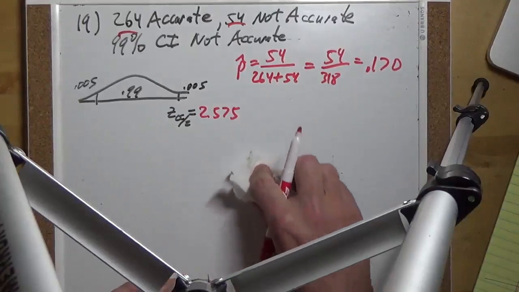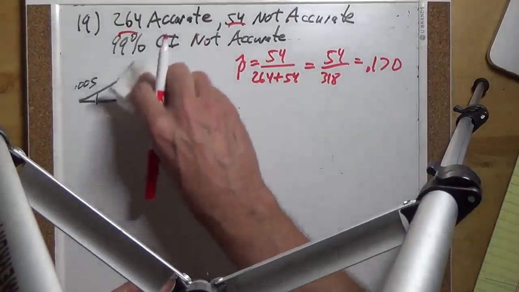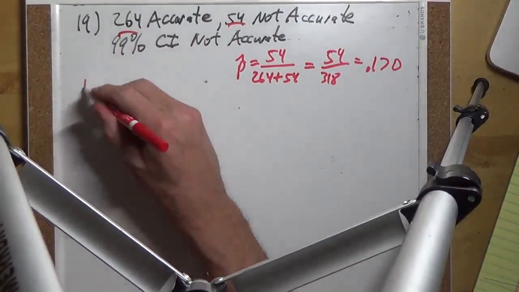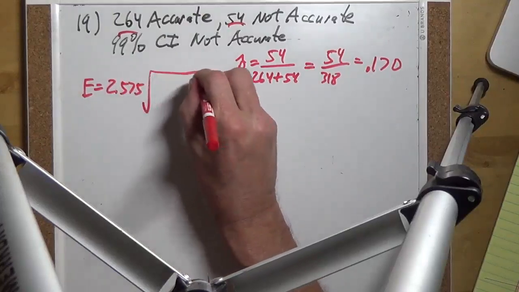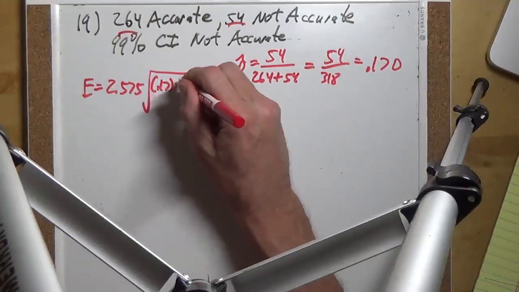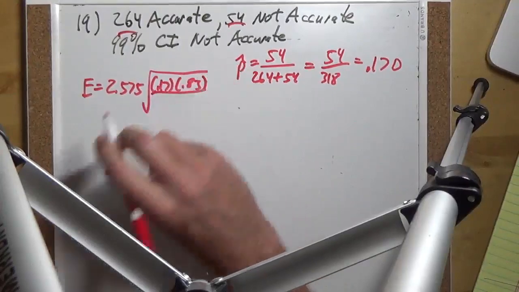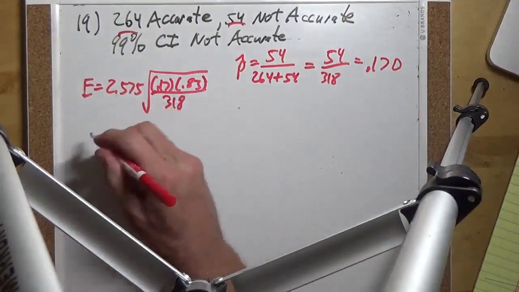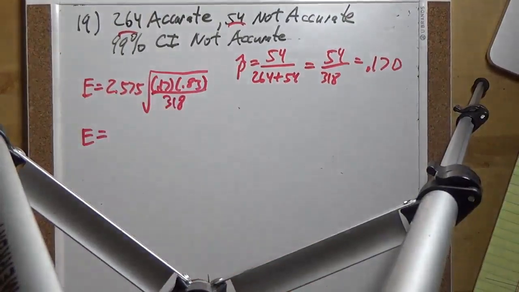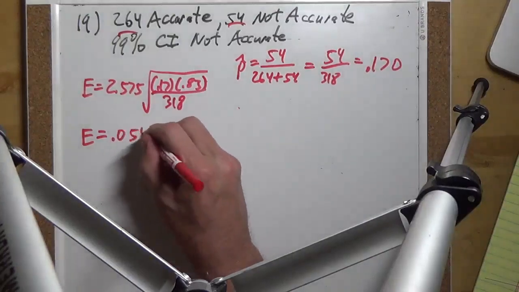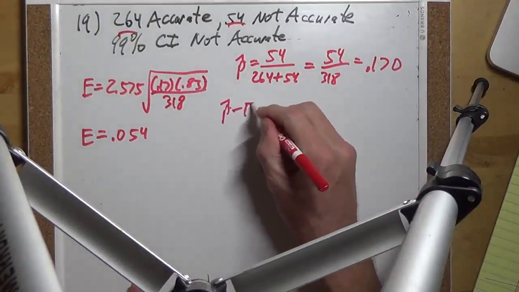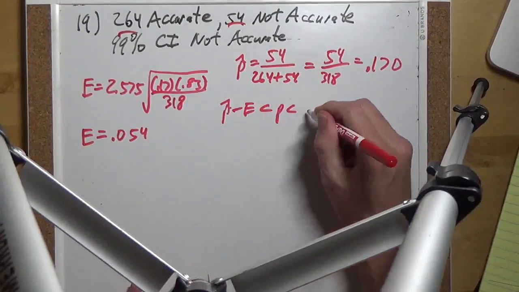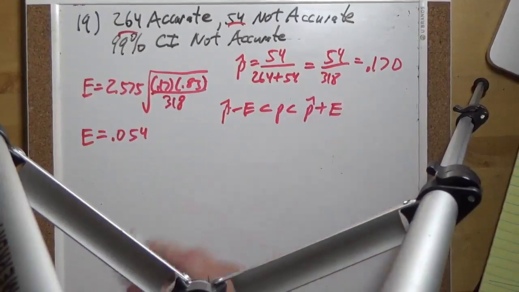Just like before, I'm now going to find my margin of error. 2.575 times the square root of 0.17 times 0.83 over 318 is 0.054. So, p hat minus e is less than p is less than p hat plus e.